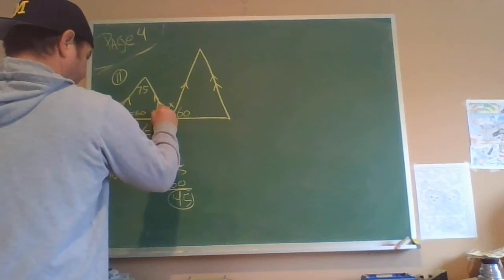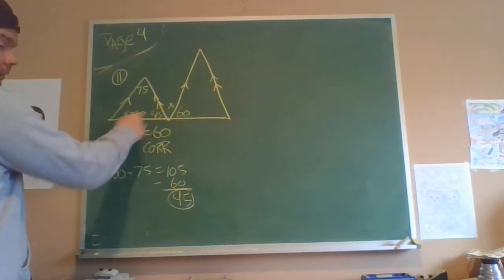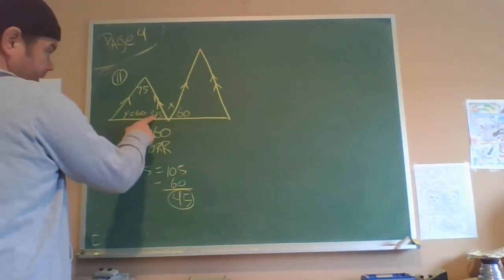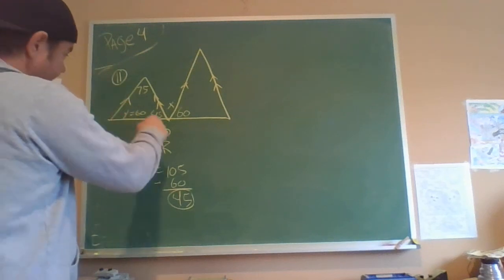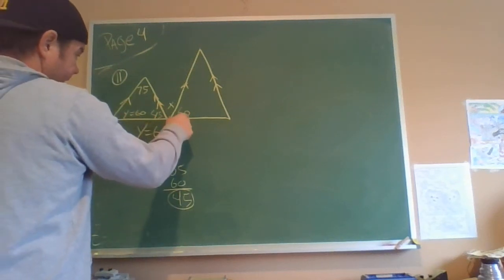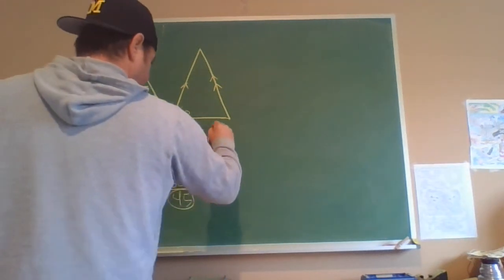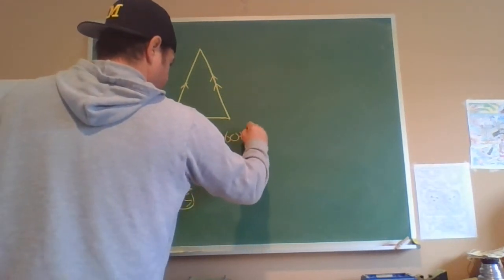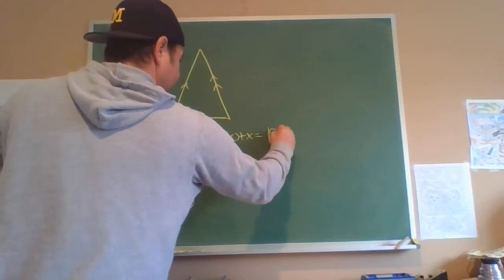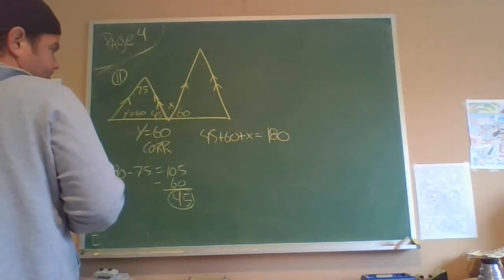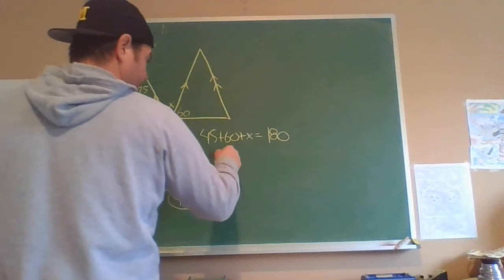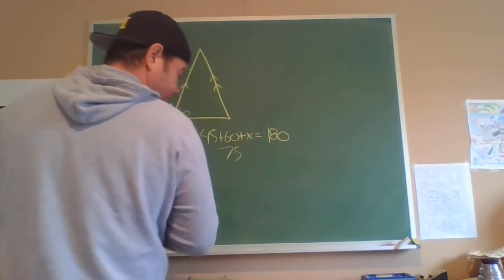So this angle in here, by the triangle sum theorem, is 45 degrees, right? And if this is 45 and this is 60, 45 plus 60 plus x has to equal 180. Which means x is going to be, what, 75 degrees?